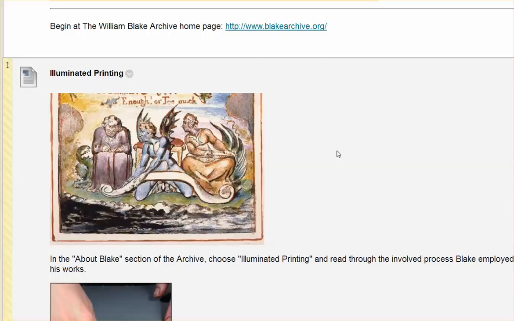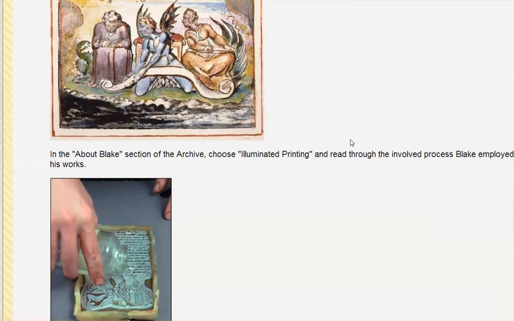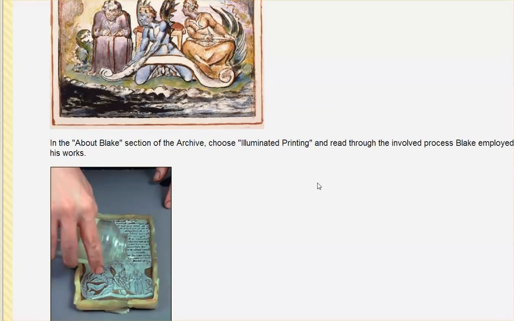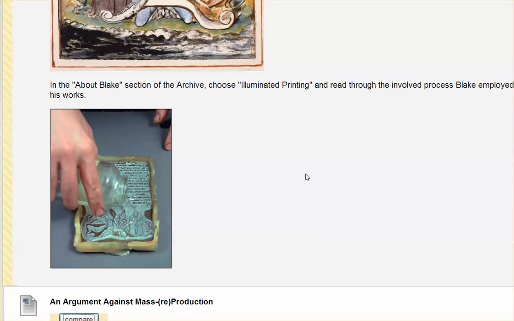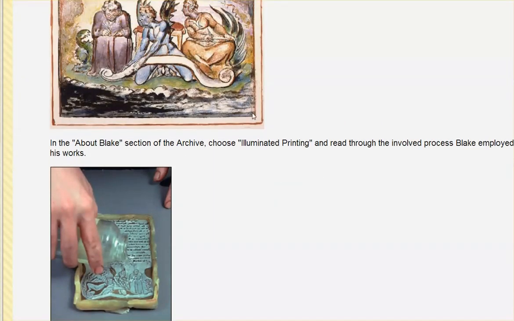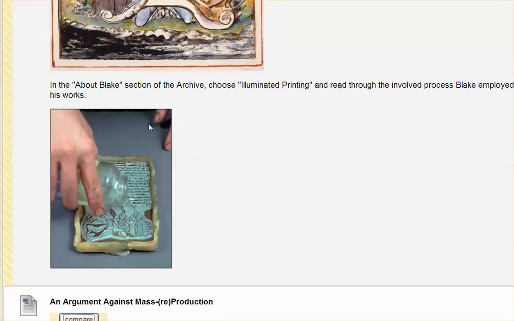This idea that we should create lots and lots of copies of what is supposedly the same thing. Blake's whole technique for producing art, which was a combination of existing techniques, is an interesting example of the old made new. The archive walks you through some contemporary scholars who've actually made prints using Blake's technique.